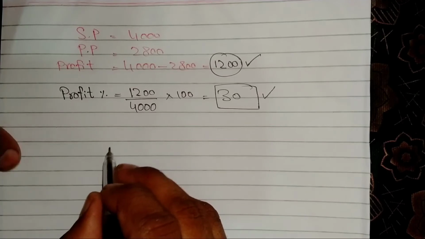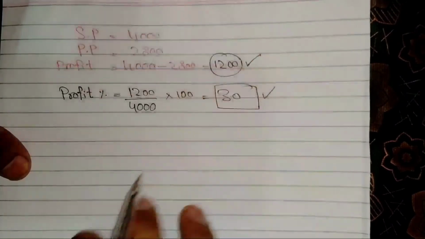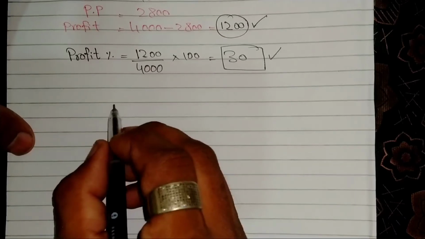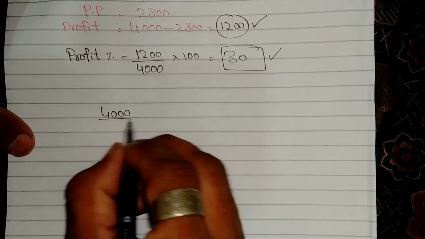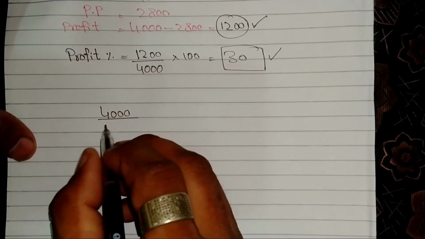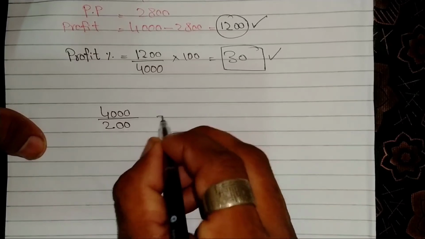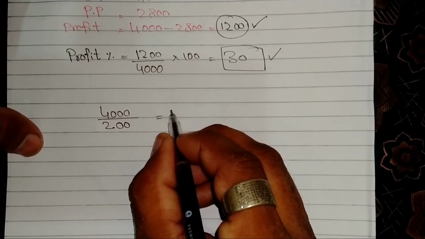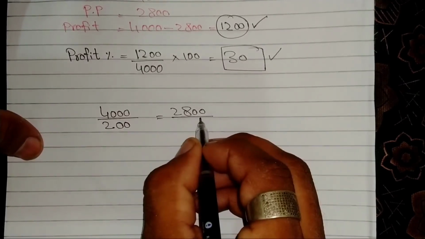Here we will find the returning percentage same as the profit percentage. So let's see here, the returning percentage is with $4,000, returned goods with $200, right? And returned by us to the supplier with $2,800.